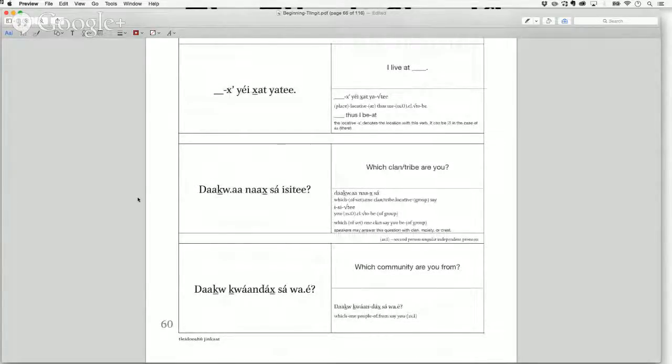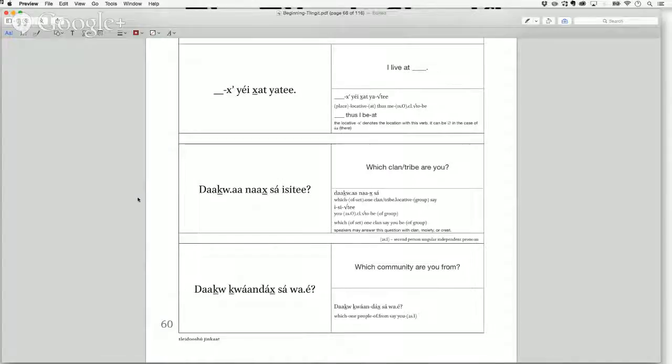Dak anachsa isati. I've always wanted to make like a Tlingit dating site, so it would have this question, and then when you clicked it, half the faces would all go away.